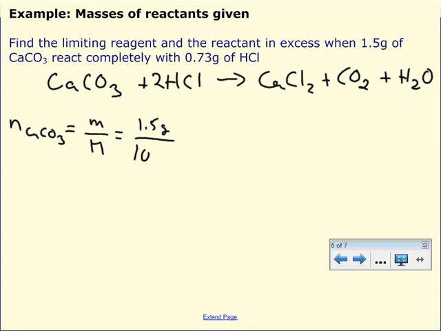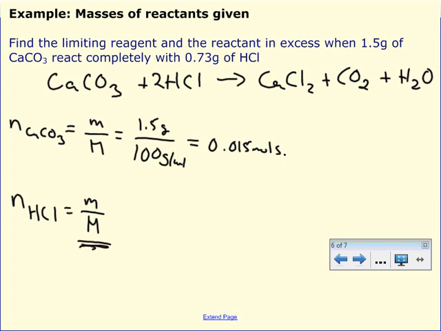Oh, nice even 100 grams per mole. So 1.5 divided by 100 gives me 0.015 moles.